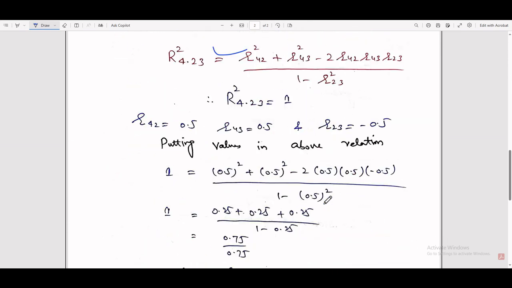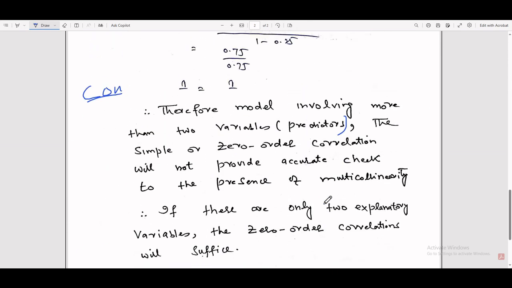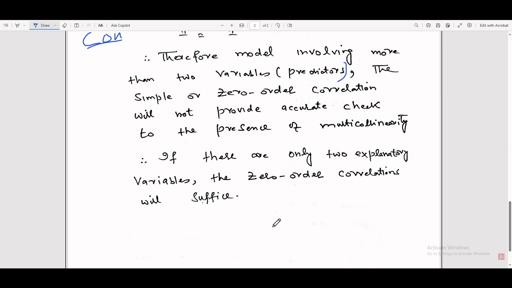So it is called zero order correlation and also simple correlation. So zero order or simple correlation will not provide an accurate check for the presence of multicollinearity when you have more predictors in your model. If there are only two explanatory variables, zero order correlation is sufficient.